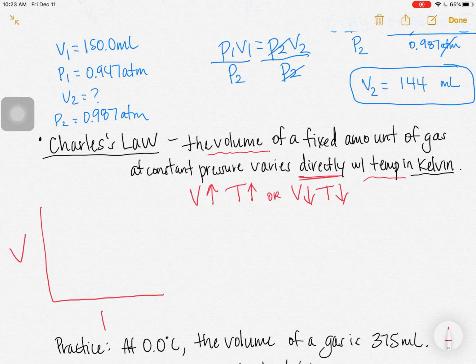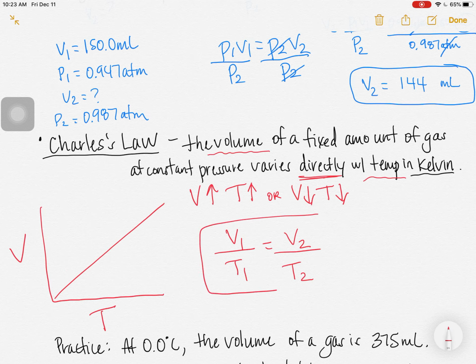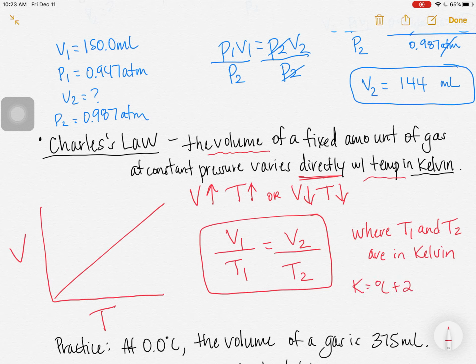A graph of a directly proportional relationship between volume and temperature will be a straight line with a positive slope. And this also has a formula that looks like this, where T1 and T2 are in units of Kelvin.